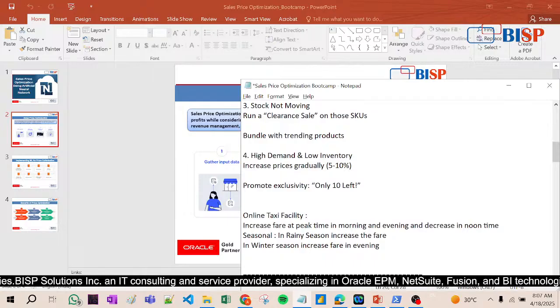Morning, decrease, noon time. Look at this. Right now there are so many applications on which you can book an online taxi. What they do is increase the fare at peak times. In the morning the taxi charges are a little bit high, and in the evening also they increase, but they decrease in the noon time.